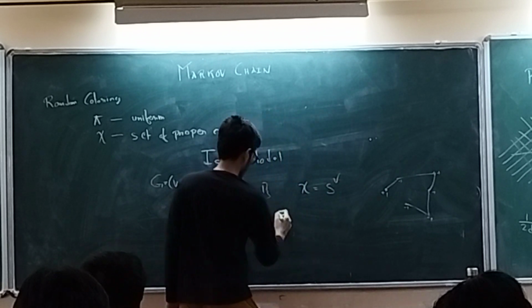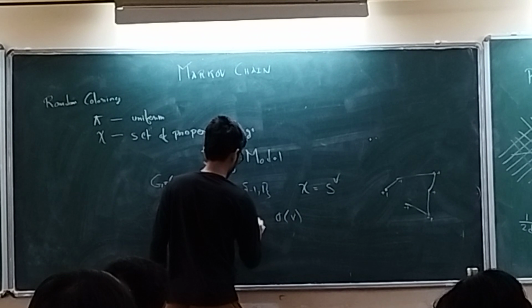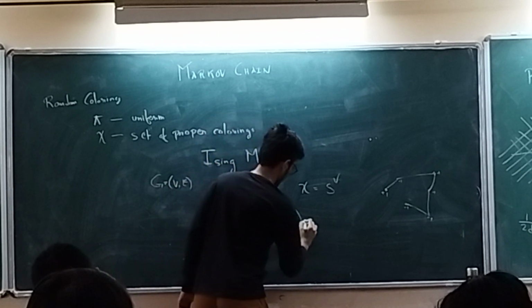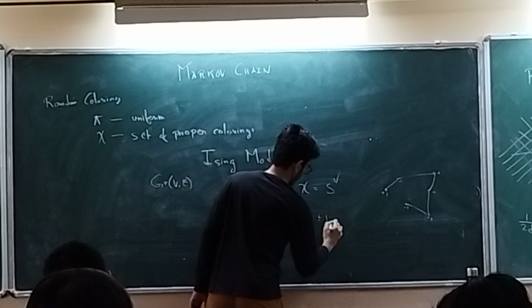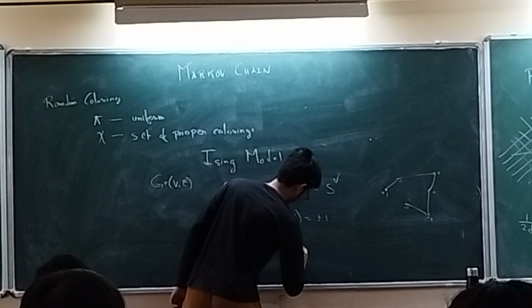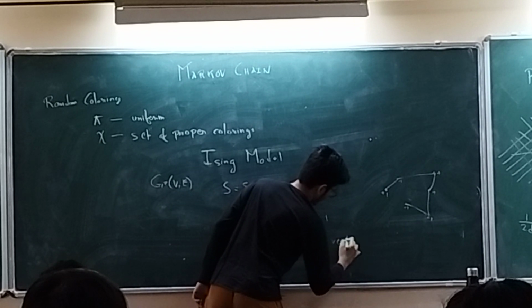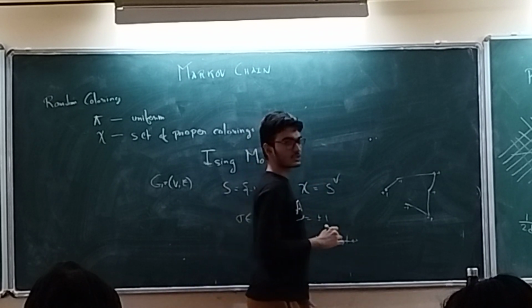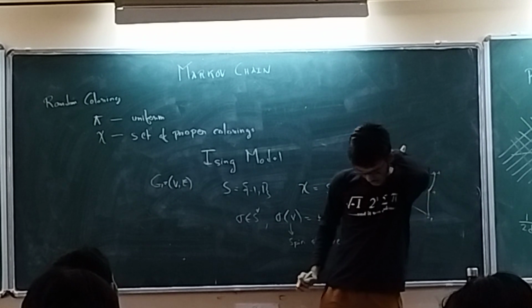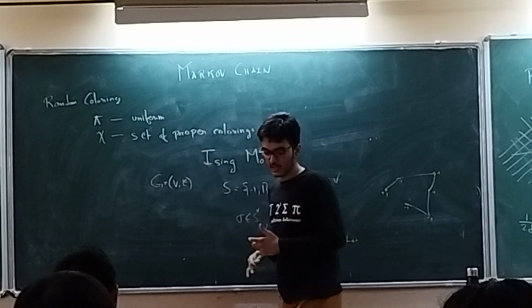So sigma of p is +1 or -1, and this is called the spin of a vertex. These kinds of models are called spin systems, and I will discuss a special type of spin system, the Ising model.